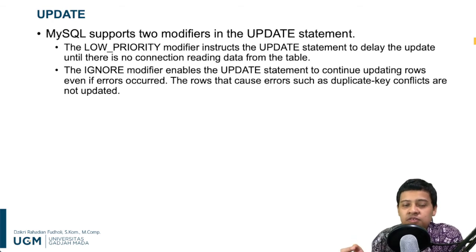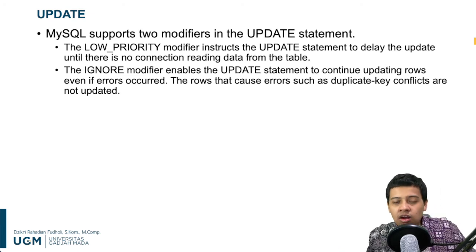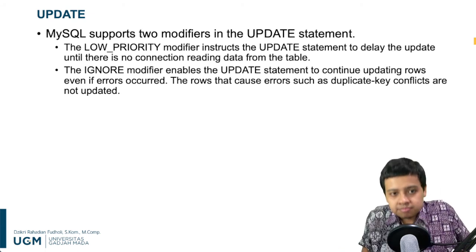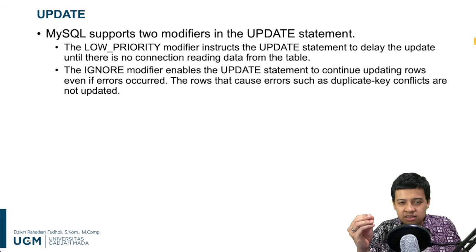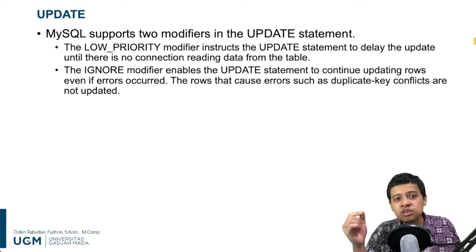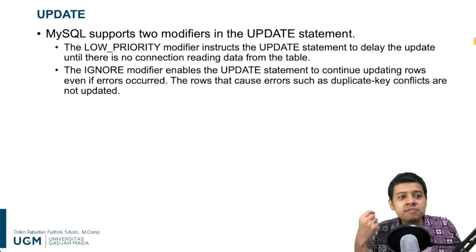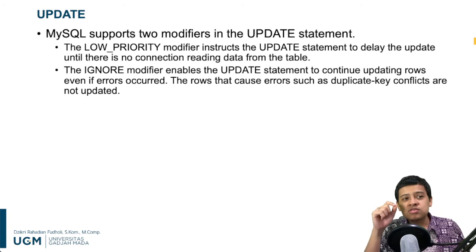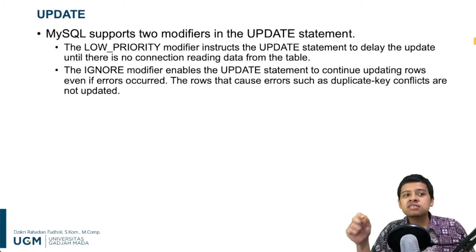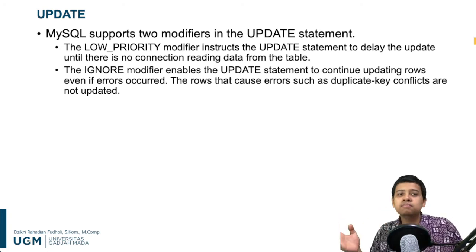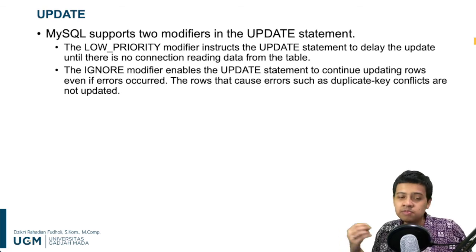If we add or delete or even change the name in one table, but it is used in another table as a reference, as a foreign key or primary key, there will be some errors. If we use ignore, then these errors will just be ignored, and the update will continue anyway.